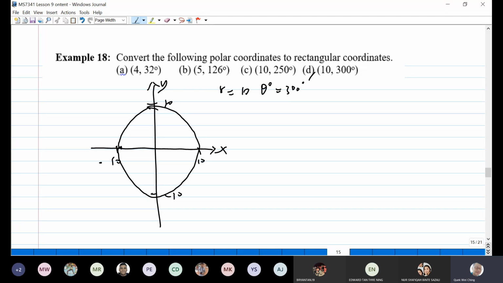So where is 300 here? 300 is measured from the x-axis. You want to get 300, so you get 90, 180, 270, then finally 30. Then you got 300 there. So this is the point.